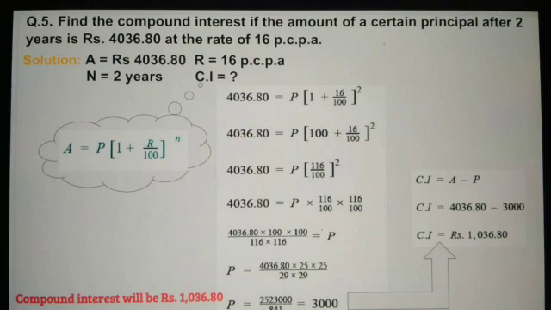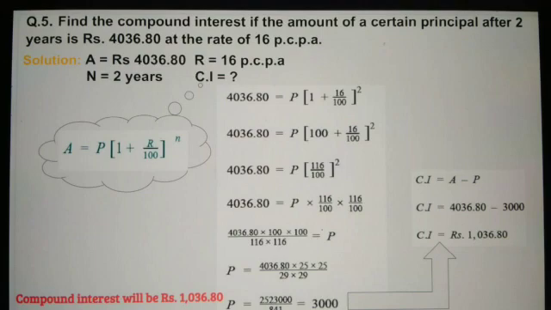Then you are going to substitute the value. Now here amount is given. So 4,036.80 is equal to, you are going to find out P. So P(1 + 16/100)^2. Therefore 4,036.80 is equal to P into cross multiplication (100 + 16)/100 to the power of 2. Therefore 4,036.80 is equal to P into (116/100)^2.